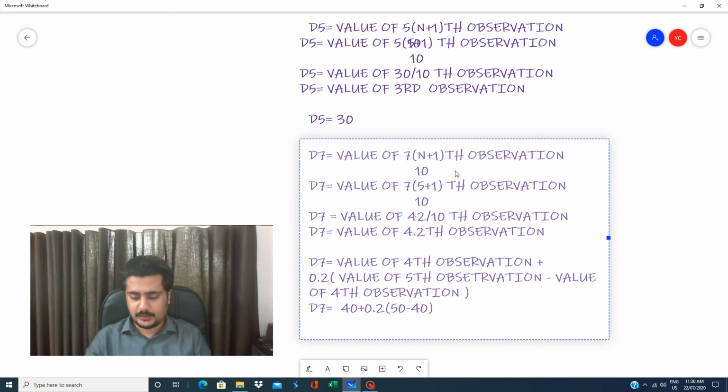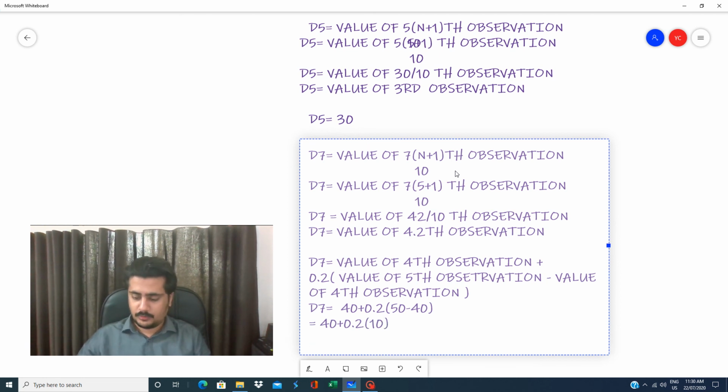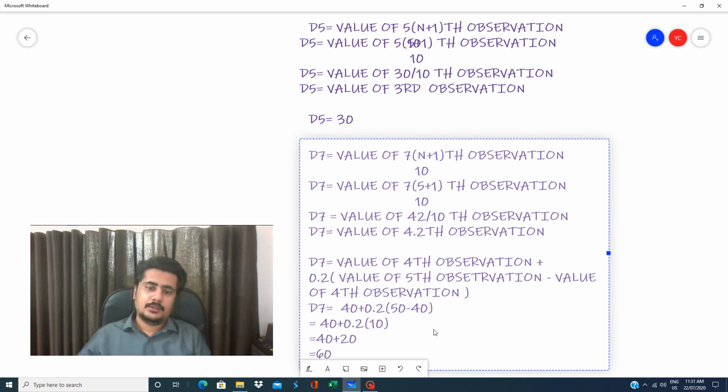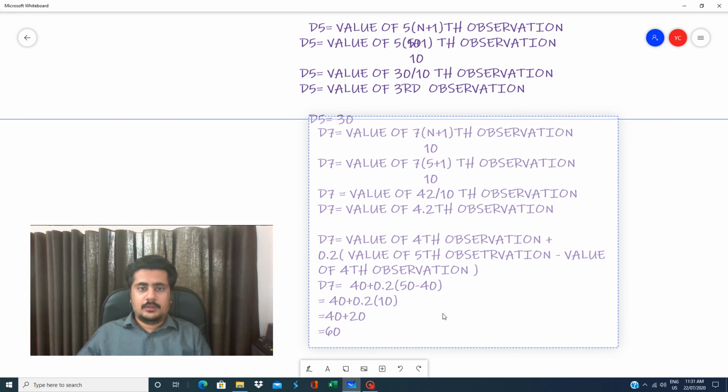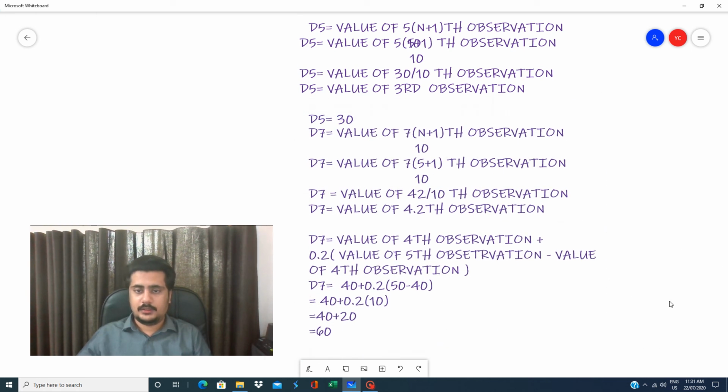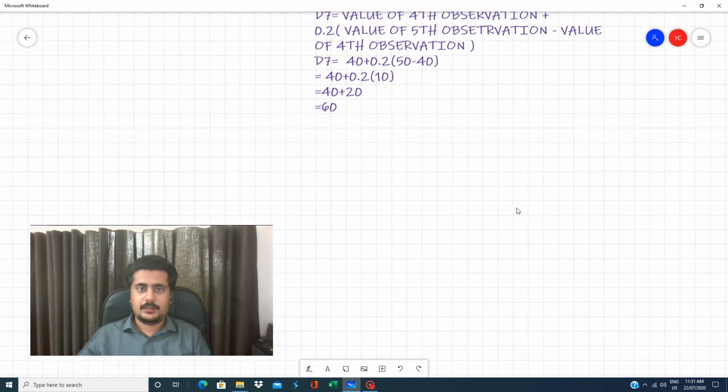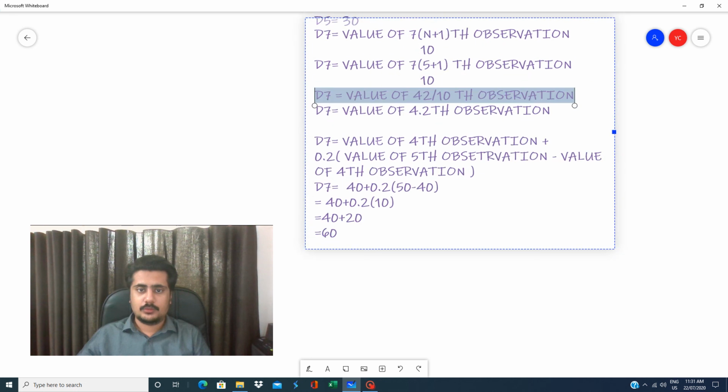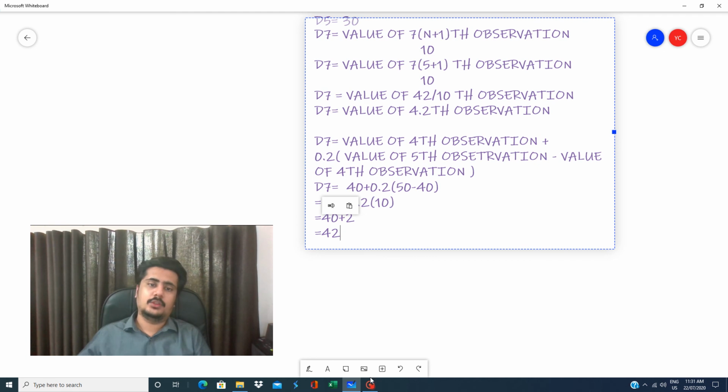You can see the question, it is like that. So it's 40 plus 0.2 into 10. So it's 40 plus 20, which is, sorry, it's not 60. 10 into 0.2 is only 2. So 40 plus 2 is 42. This is your answer.